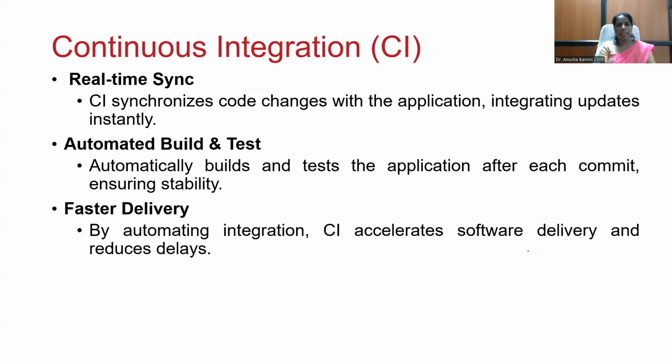Then automatically build and test the application after each commit. You have the experience of using GitHub, right? Whenever you commit a change, that commit gets updated in the code, right? Another coder or tester can also make a change in the same code by making a commit. So this automated build and test happens in continuous integration. Then it supports faster delivery.